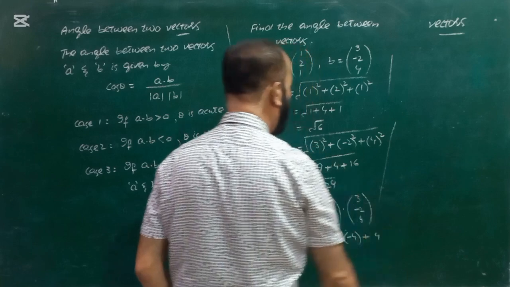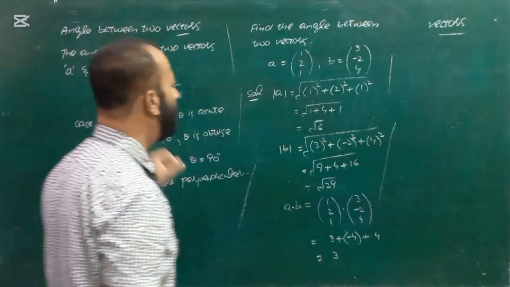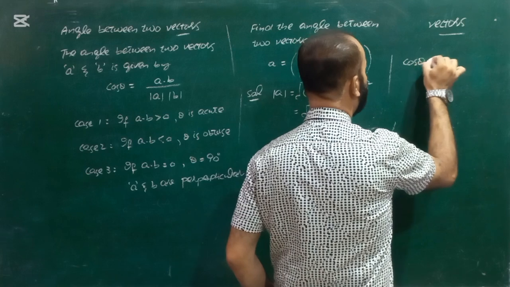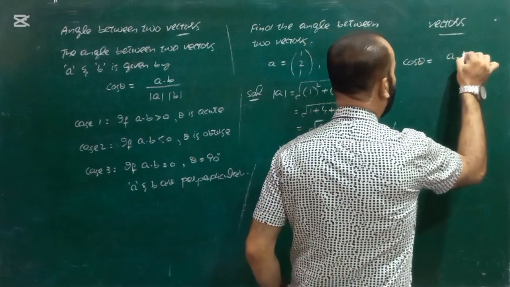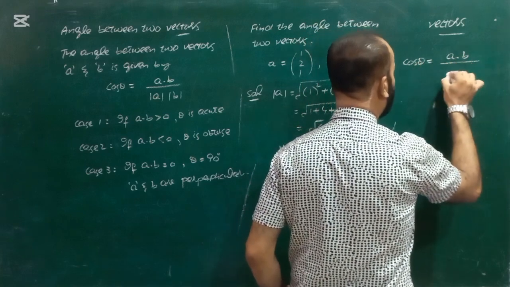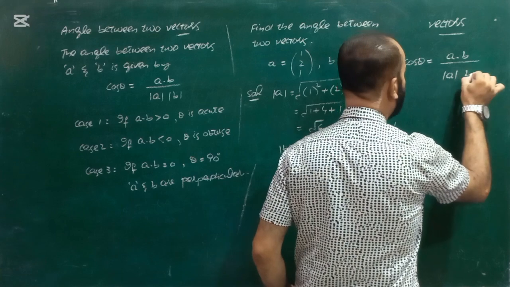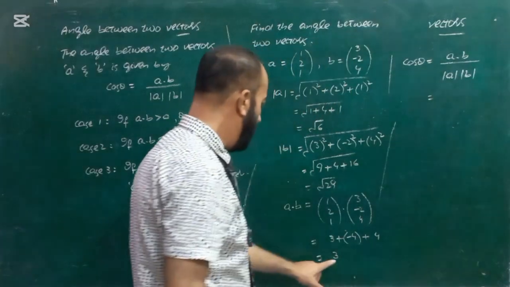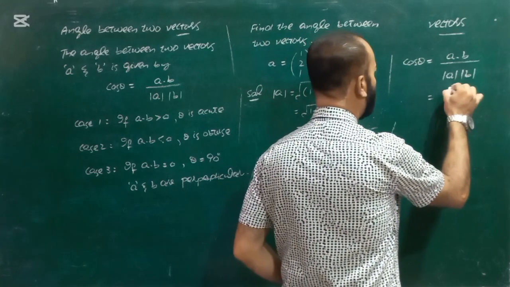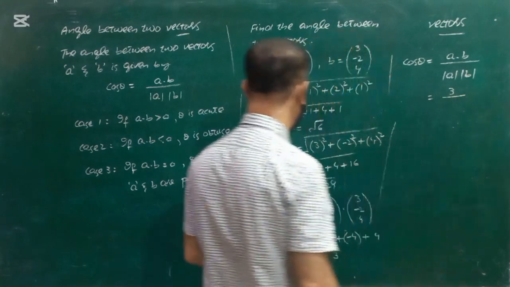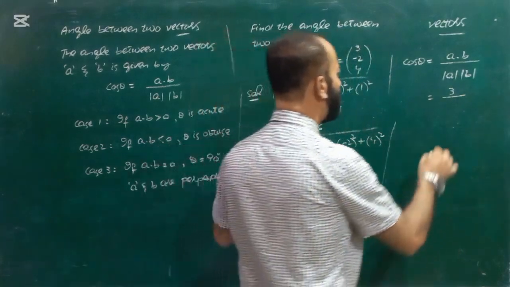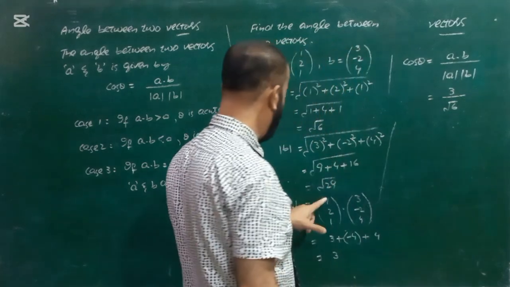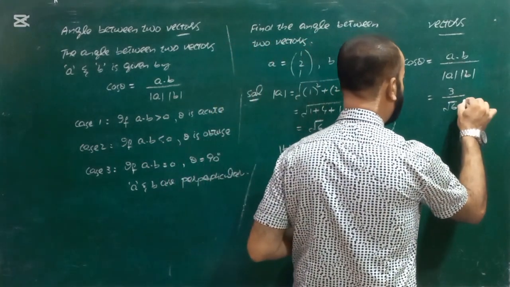Okay, and finally we will put the values into the formula. So first we will write the formula. Cos theta is equal to A dot B over A magnitude B magnitude. So A dot B is 3, A magnitude is square root 6, and B magnitude is square root 29.